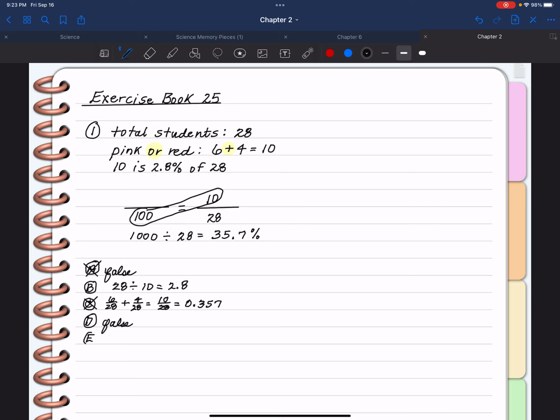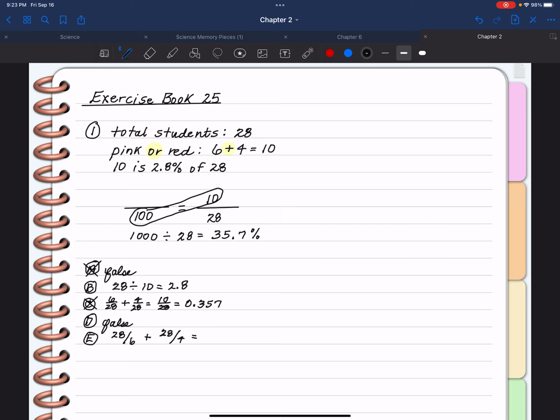And E says Susan is incorrect because she found total students who chose pink plus total students divided by those who chose red.